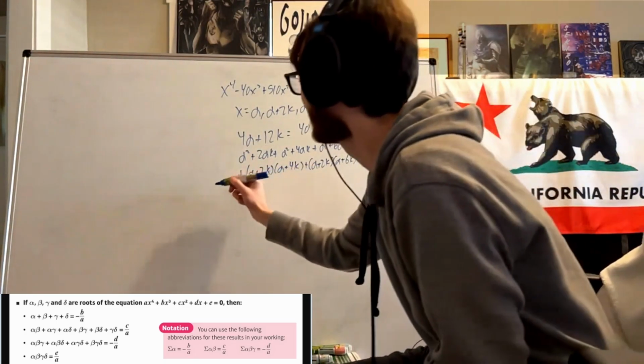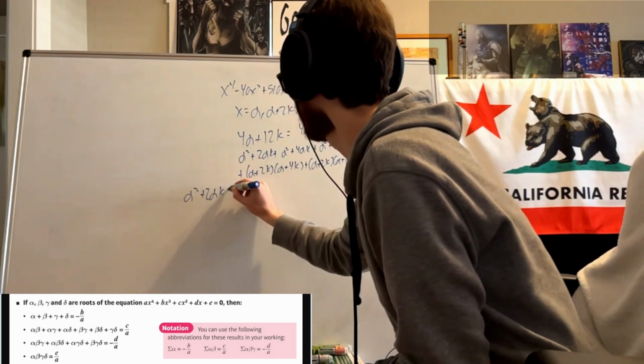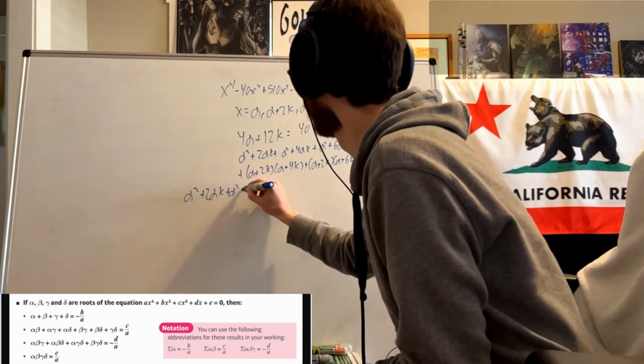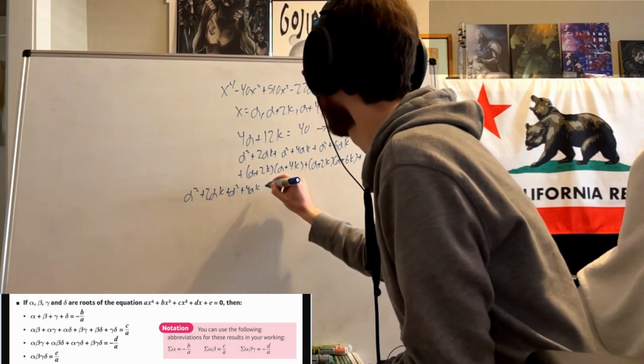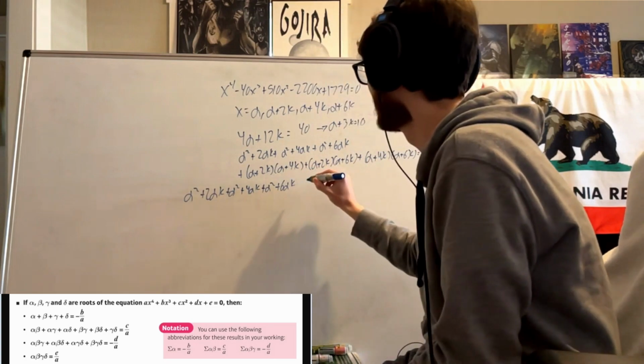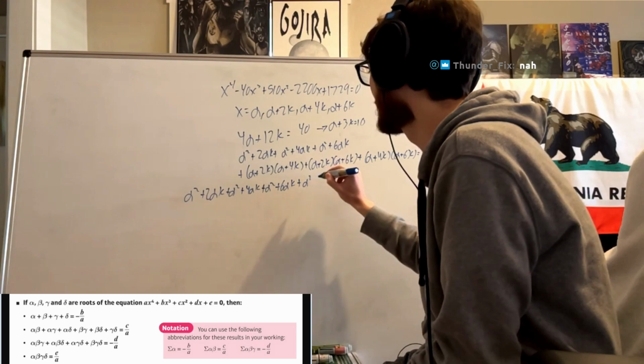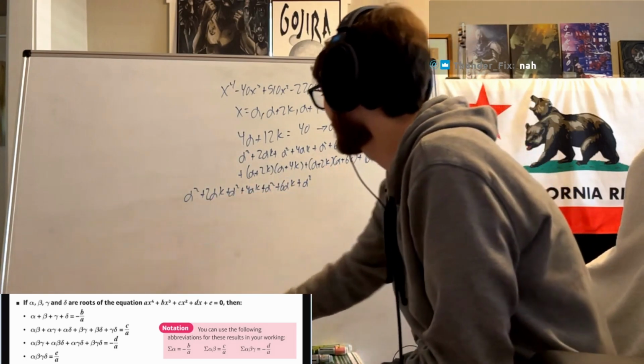Oh my god, okay. Do you know the rational root theorem, Thunder? Because this is pretty painful too. Okay, multiplying that out. Actually, wait, I should combine like terms there.